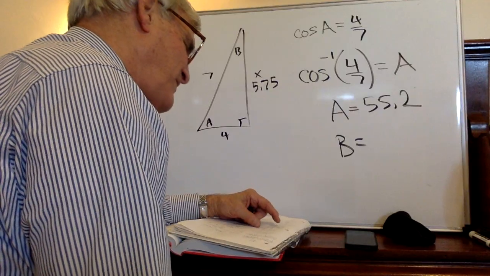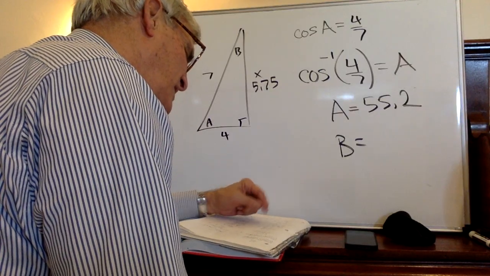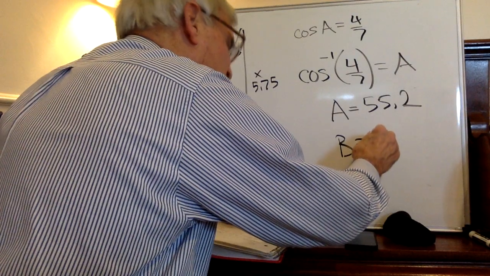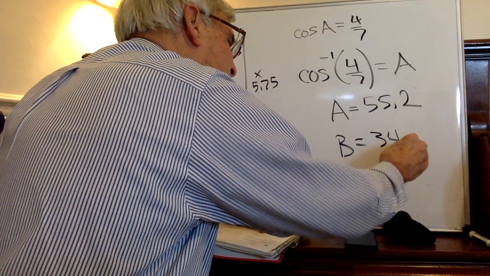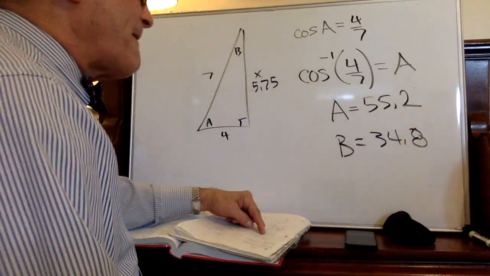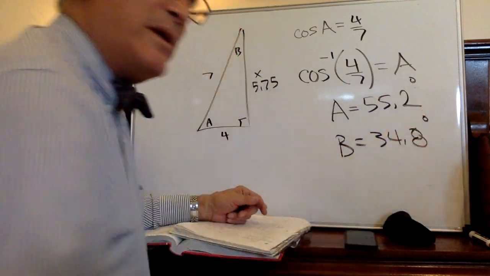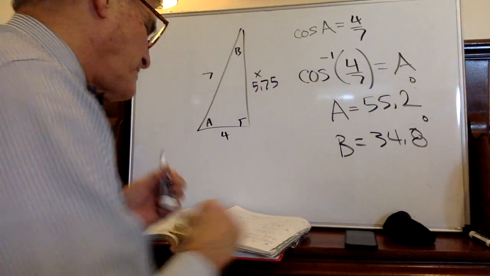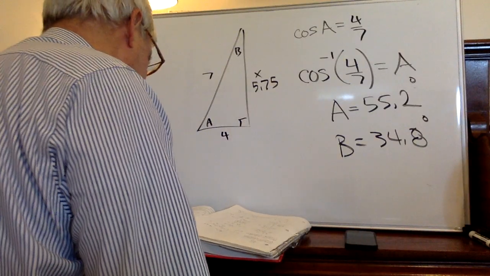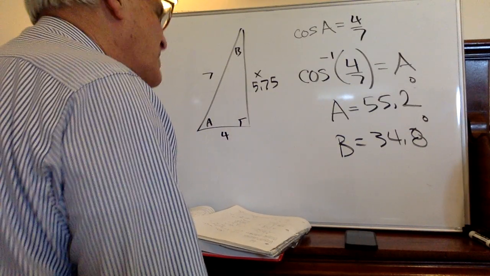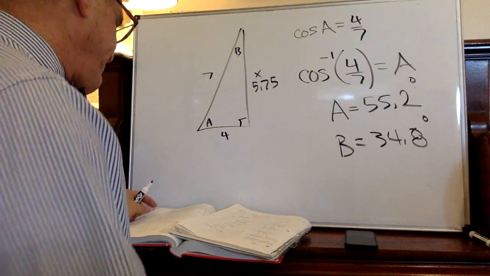The complement of 55.2 is 34.8. So there are all the missing parts. And that is number 6, 7, and 8.